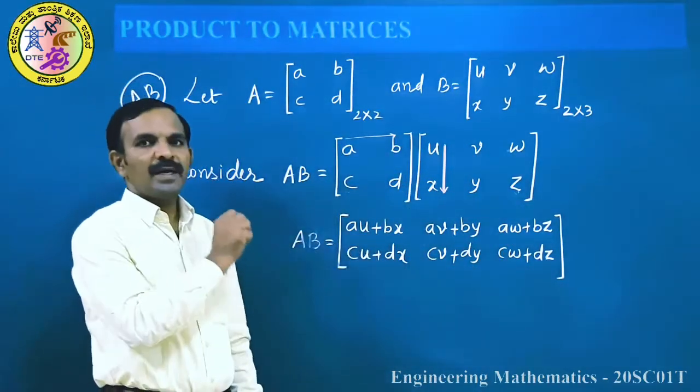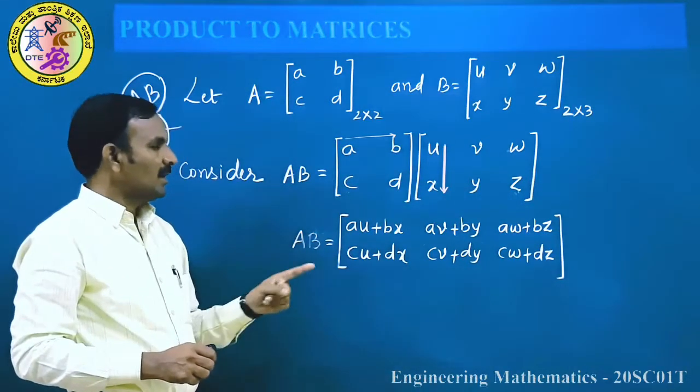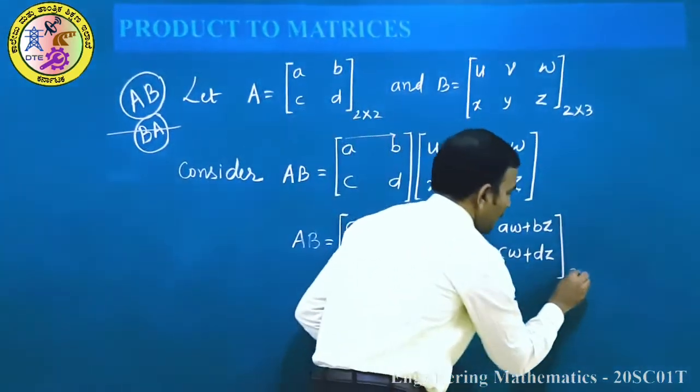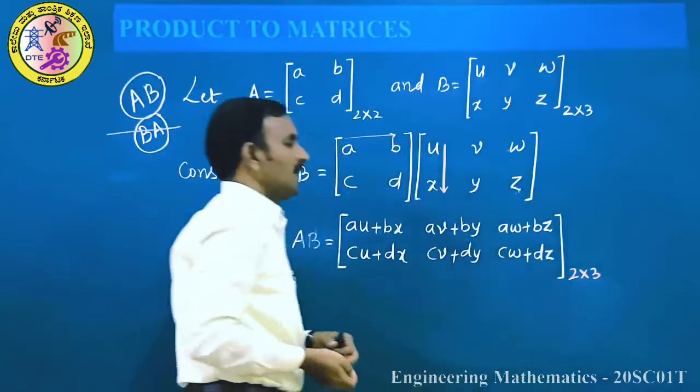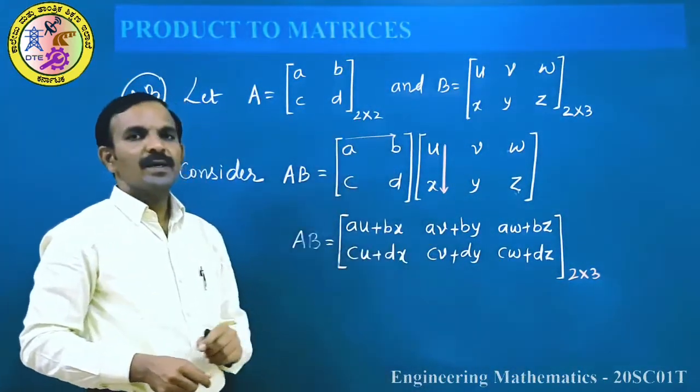This is the method to multiply two matrices, and you can observe that the resultant matrix order is 2 cross 3, that is 2 rows and 3 columns.